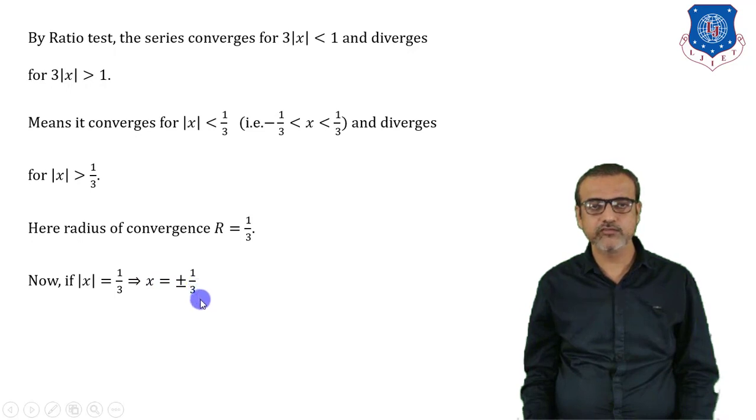When mod x equals a, then we have x equals plus minus a. So here if mod x equals 1 upon 3, then x equals plus minus 1 upon 3. Now we will check the convergence of the given power series for x equals 1 upon 3 and x equals minus 1 upon 3.